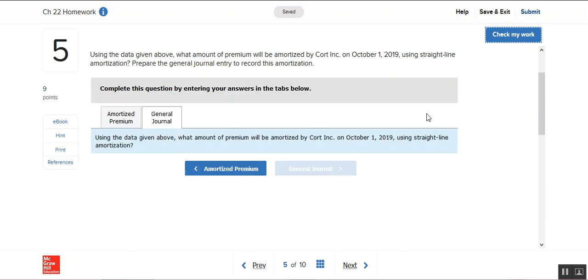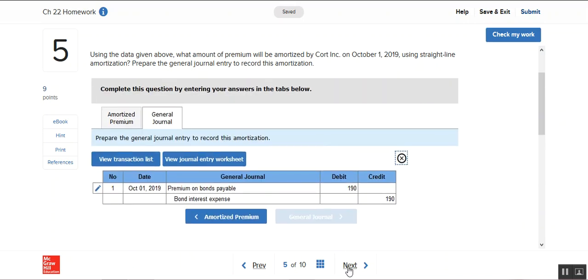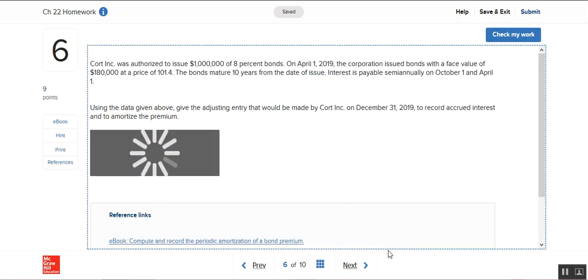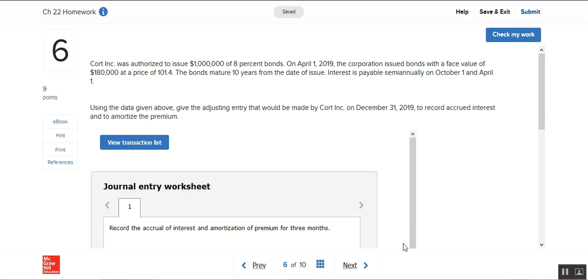And that's all there is to number 5. So let's go to number 6. We still have bonds. We issued $180,000 worth of bonds at 101.4, still 10-year bonds, and still interest payable semi-annually.